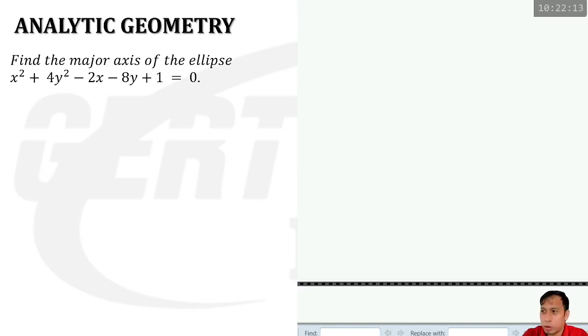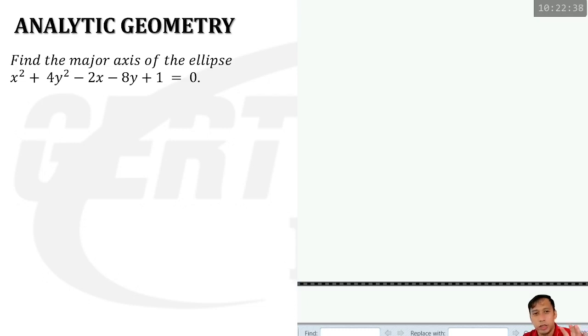So, x squared plus 4y squared minus 2x minus 8y plus 1 equal to 0. You know what? Many people make mistakes in a problem like this on the exam.